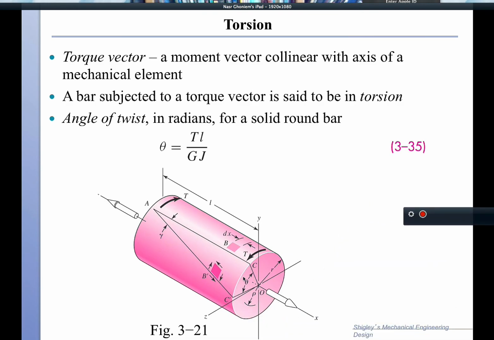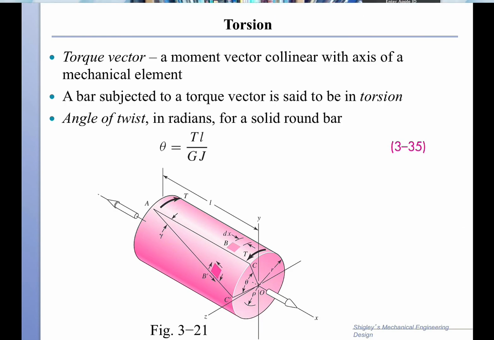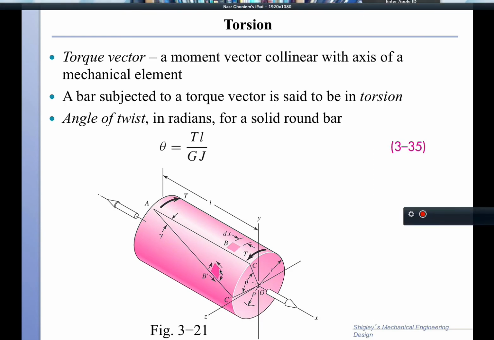This is the angle of twist theta, and if you have an element on the side before application of the torque, it looks like this at B, and then after the application of the torque, it will be sheared and twisted, and this is basically the shear stress that we have here.